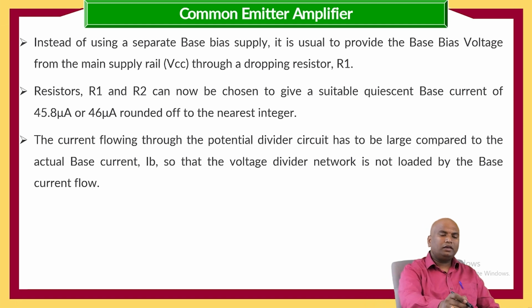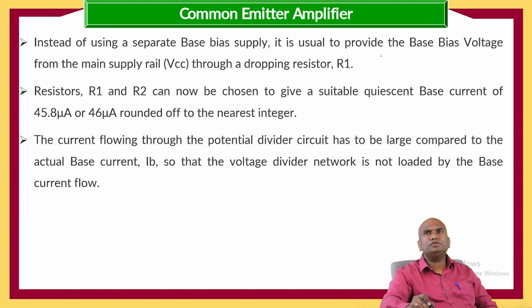Now, instead of a separate base bias supply, it is usual to provide the base bias voltage from the main supply rail through a dropping resistor R1.